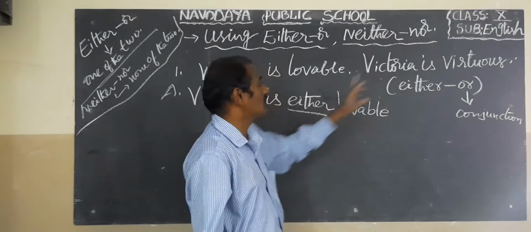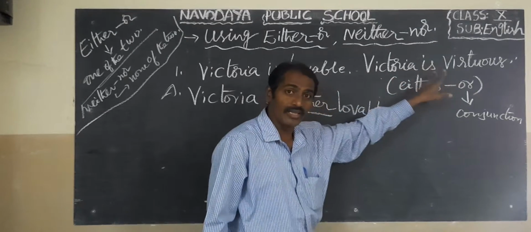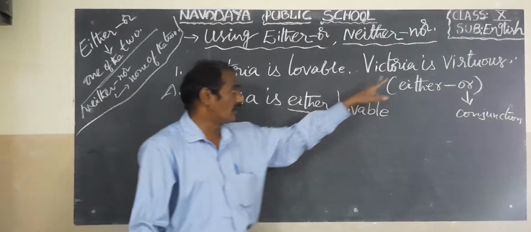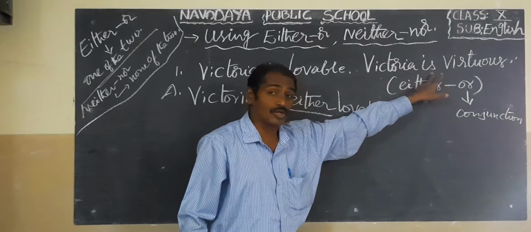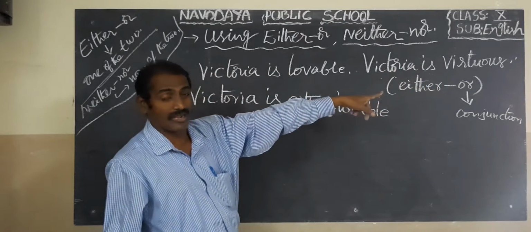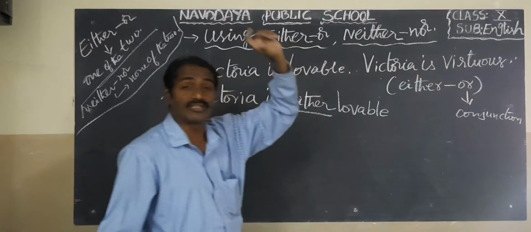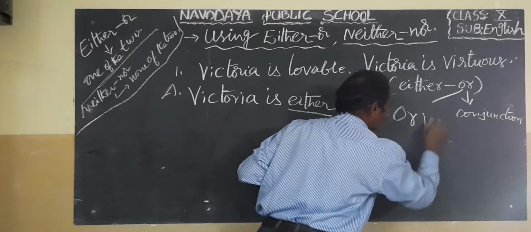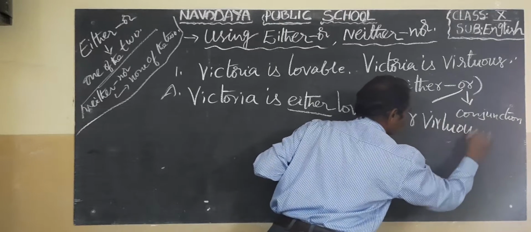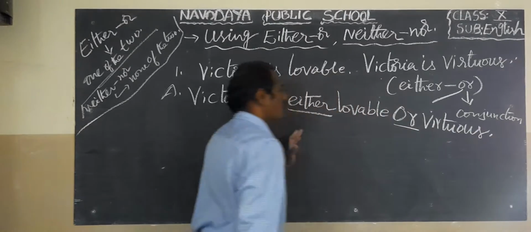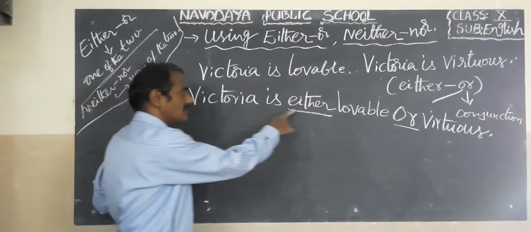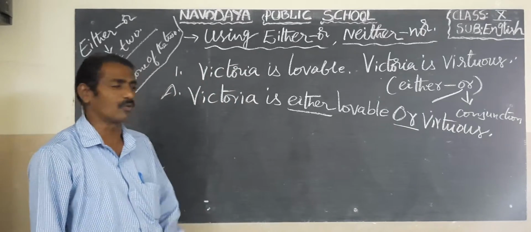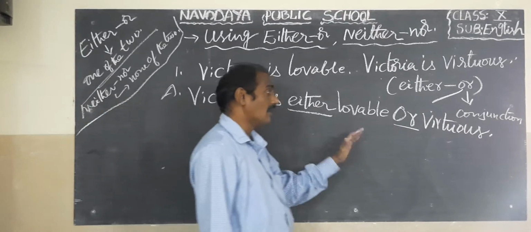Next, Victoria is, but don't write it because Victoria is already here. The remaining word is virtuous, so we should use the conjunction or virtuous. So Victoria is either lovable or virtuous. Virtuous means having good qualities.